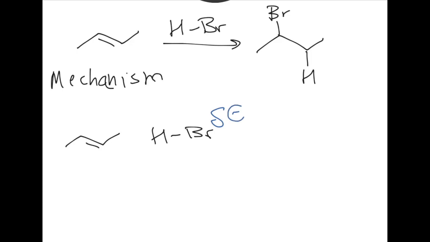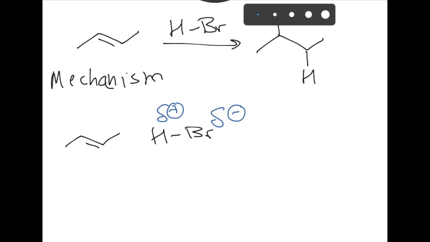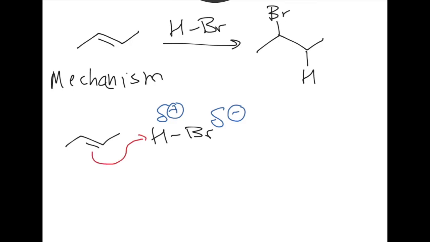So the bromine is partially negative. It's slightly negative. And the hydrogen is going to be slightly positive, right? That hydrogen is positive enough that we can have the electrons from the double bond attack that hydrogen. Now, how many bonds can a hydrogen have?